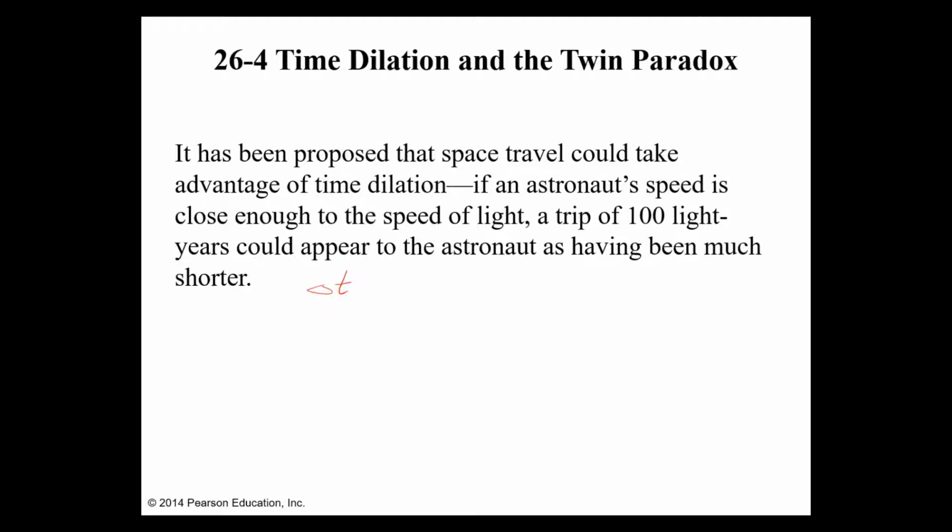We want to know how much time would happen on Earth if a person travels out in space for 100 years. So your proper time is 100 years. And let's say that he is going at a speed of 0.99 times the speed of light.